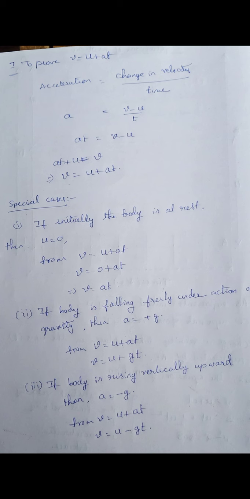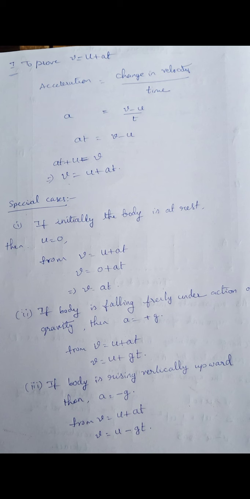Then a is equal to v minus u by t. Then do the cross multiplication, take t to the other side, then a into t, that is at, is equal to v minus u. Then bring minus u to the left hand side, then at plus u is equal to v. Then if you write in proper form, v is equal to u plus at. This is the proof of the first equation.